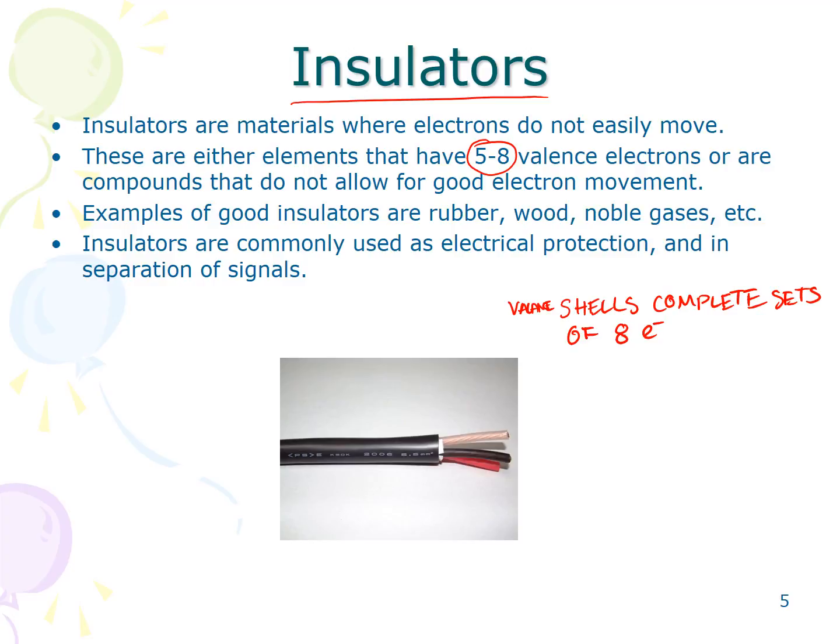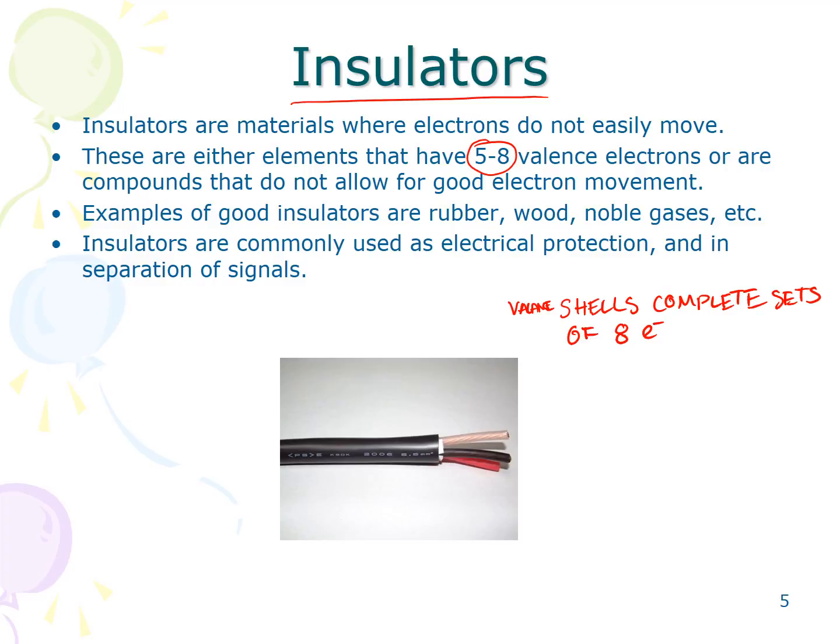What happens more often is that they like taking in electrons to complete their set of 8. So these do not have good electron movement in them. They usually don't want to pass their electrons off because they almost have a complete set.